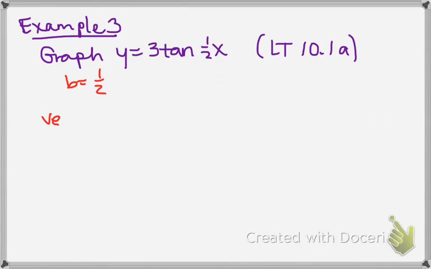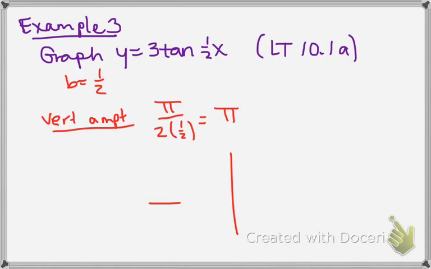So my vertical asymptotes are going to be at 2 times 1/2, or at multiples of this. 2 times 1/2 gives me 1, so this is just equal to pi. That tells me when I'm graphing it that every pi is going to have an asymptote at it.